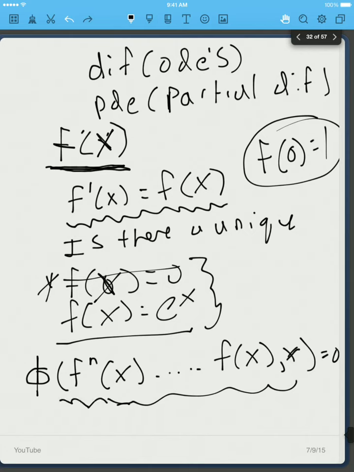So for this video, this will just be an intro video, but the name of the game with differential equations is it gives you a manner to find a function that has the behavior that you're looking for. So you basically want to capture some sort of phenomena.